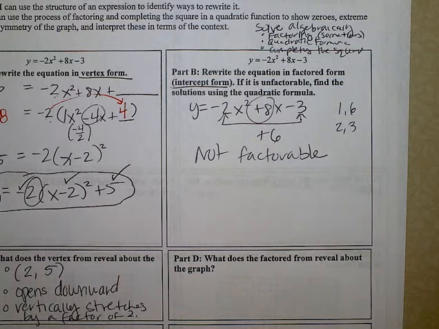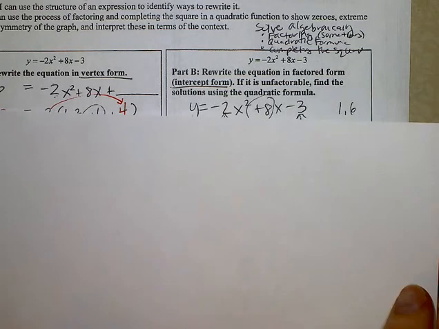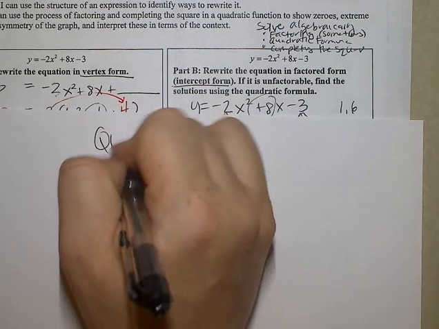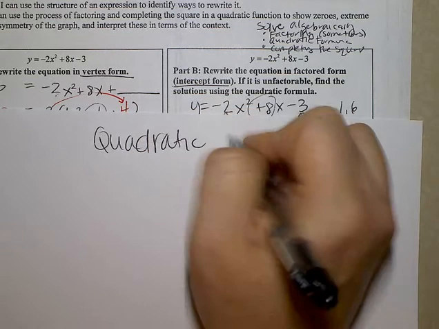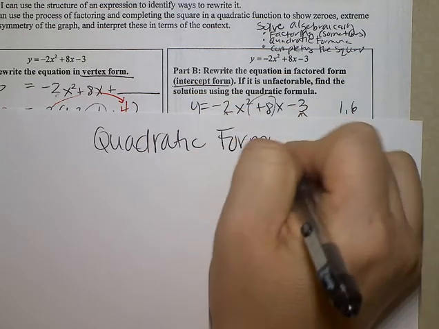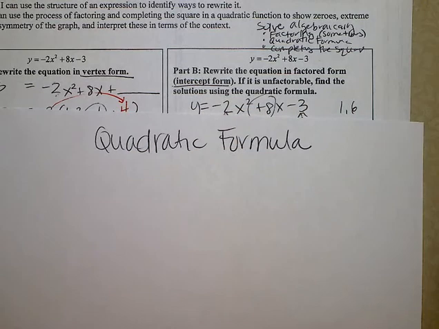When it's not factorable and you're solving algebraically, you have 2 choices. This is where I'm going to ask you to take out a separate piece of paper and practice. First is the quadratic formula. And the second is completing the square.